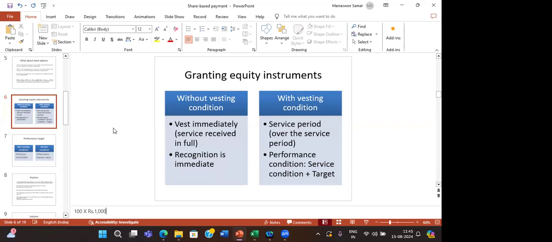So the value is 1000 into 100, and this should be immediately charged to the P&L this year, because there is no scope for you to reopen the concluded accounts of the last 2 years and revise, incorporating or spreading this expense over the last 2 years.